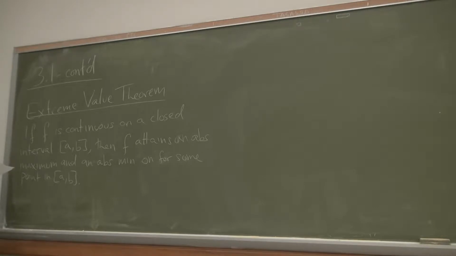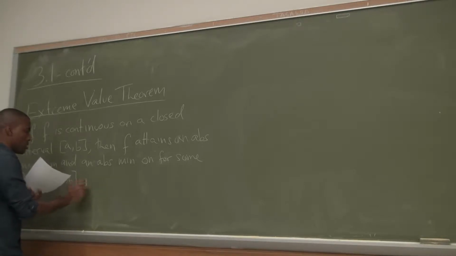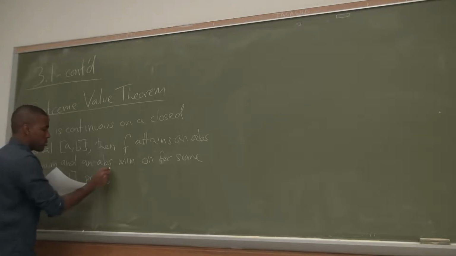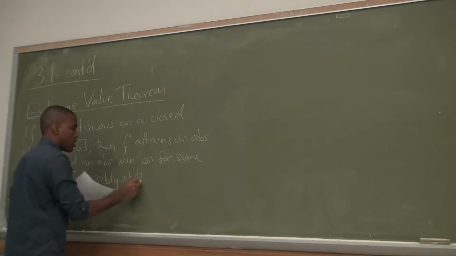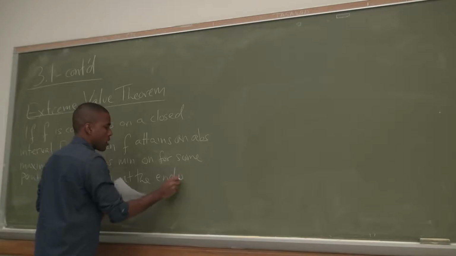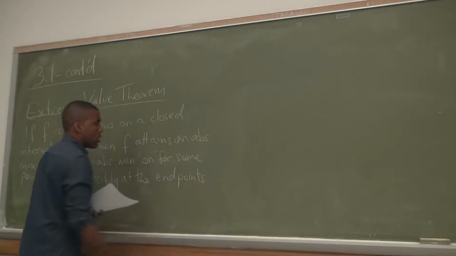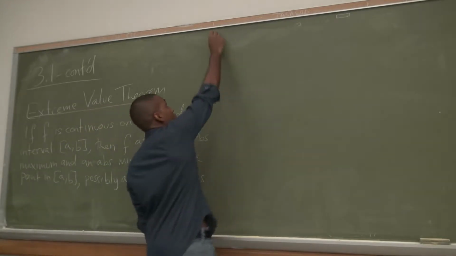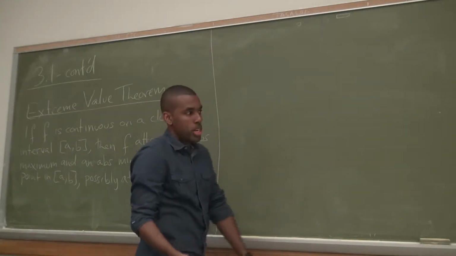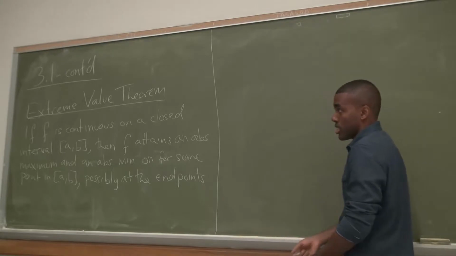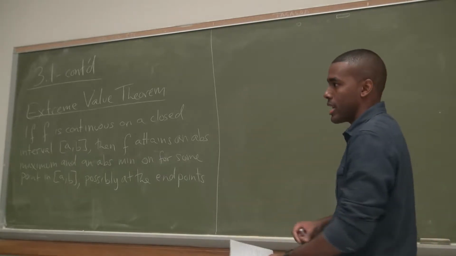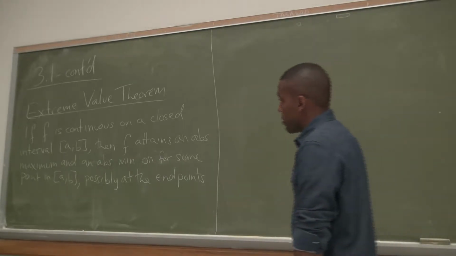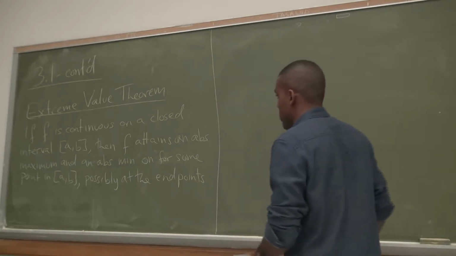Right, so basically, and I should mention, possibly afterwards, right? So this theorem is telling you that if your function is continuous on a closed interval, you're guaranteed to have an absolute max and min. We saw examples where we didn't have absolute max and min, and if you check those, what happened was the function wasn't continuous there, so you had asymptotes or gaps. But if your function is continuous, you're guaranteed to be able to find these guys.